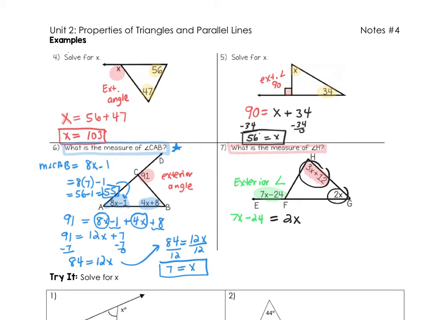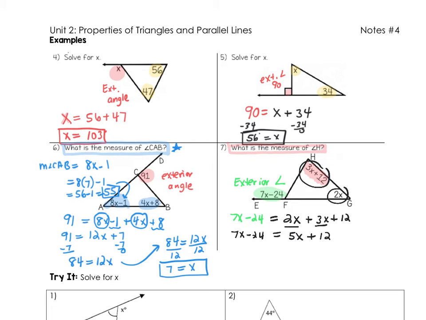So I might write it as 2x plus 3x plus 12. Might make it a little bit easier to have those x's right next to each other. 2x plus 3x adds to a total of 5x plus 12. Okay, we have variables on both sides. We have constants on both sides.